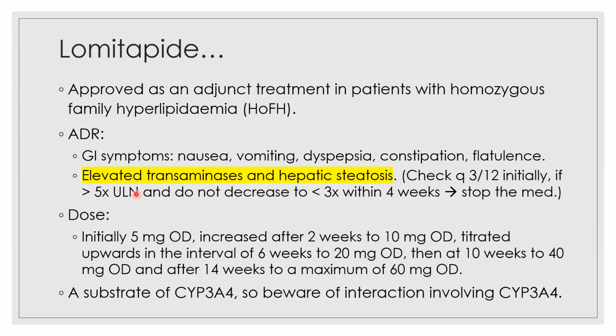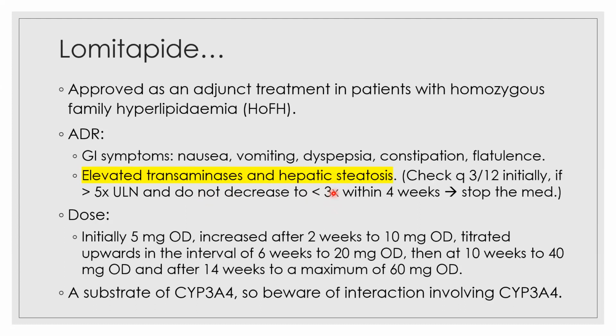If the transaminase is more than 5 times the upper limit of normal, and does not decrease to less than 3 times within 4 weeks, meaning really within 1 month, you check again after 1 month. If the liver enzyme is still high, then you stop the medicine.